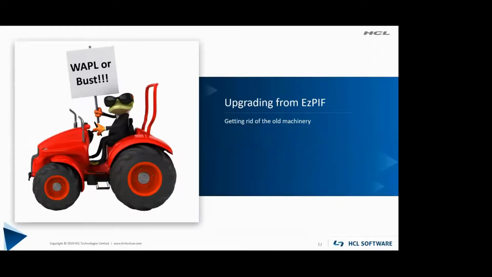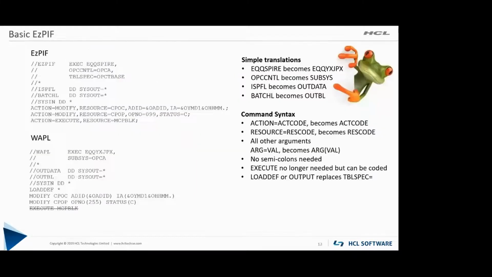So upgrading from EasyPiff. This is the oldest variant of WAPL out there, or at least the oldest that's still out there somewhere. EasyPiff looked like this. You'd have an EasyPiff job, you'd run EQQ Spire, you'd have OPC CNTL equals the name of your controller, TBL spec equals OPC TBase.